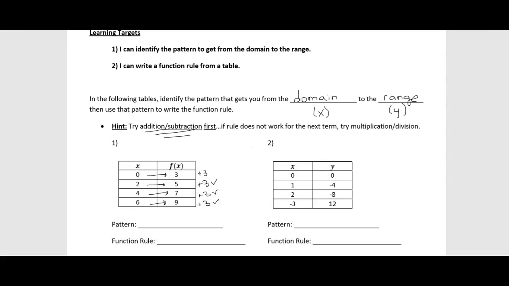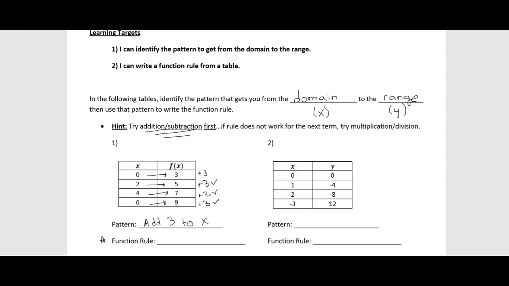So we notice right away, going from the x column to the f of x column, our pattern is adding 3 to x. Now here's the important part, actually writing the function rule. Don't just leave this. This is not a function rule. This is simply what you're going to do in your head before you actually write it as a function rule. So if we're adding 3 to this column to get to this column, you have to think about that in terms of an equation.